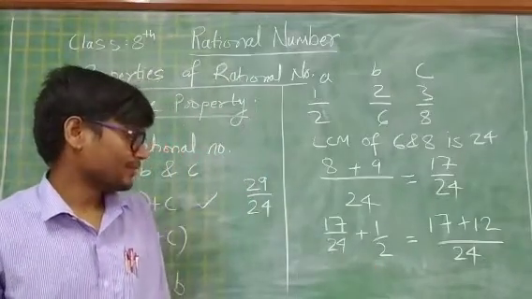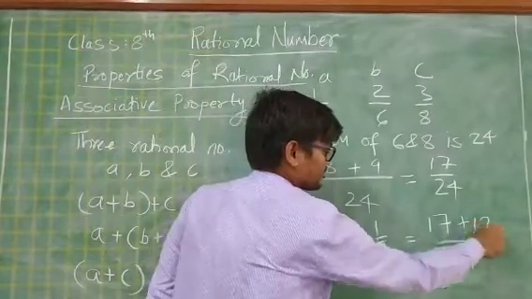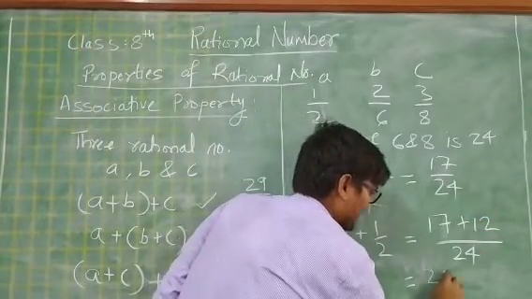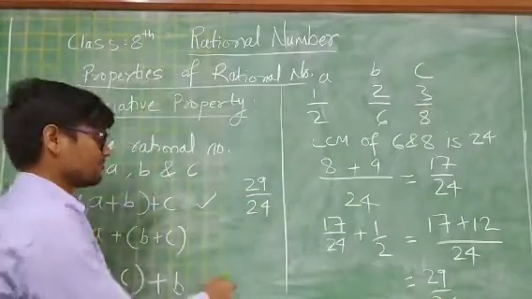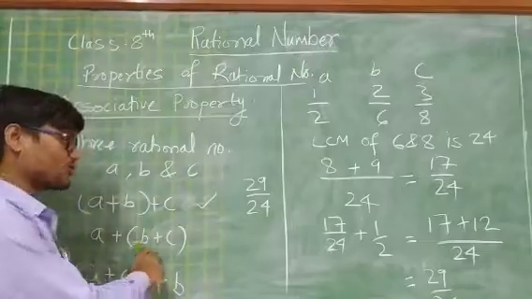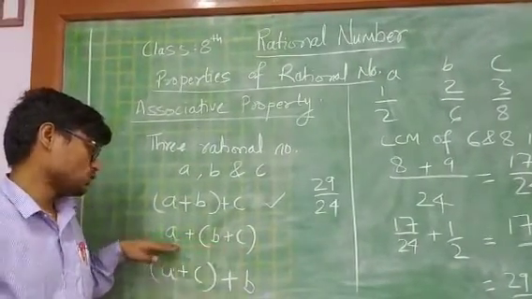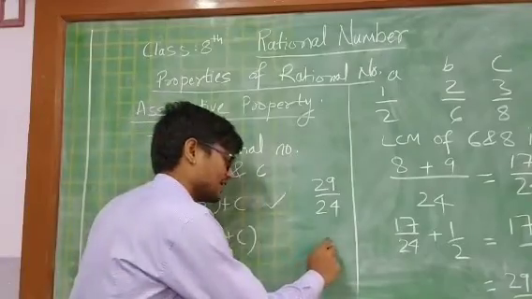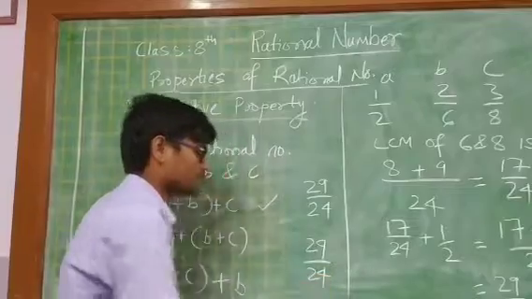So the sum is 17 plus 12, 29 by 24. So we see that when the sum of b and c is added to a, we get the result as 29 by 24.